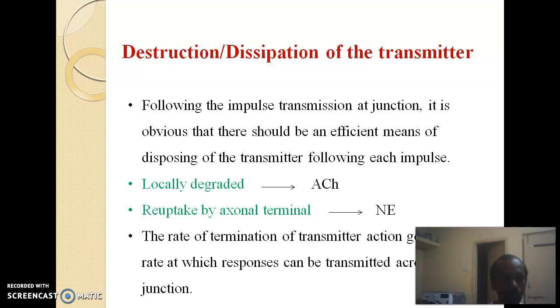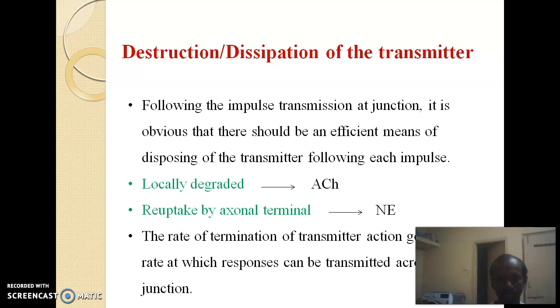The fifth step is destruction or dissipation of the transmitter. Once the action of the transmitter is completed, there is no need for the transmitter to be present at that junction. So immediately it gets either degraded or removed from the area.